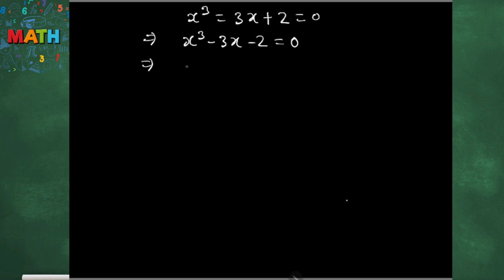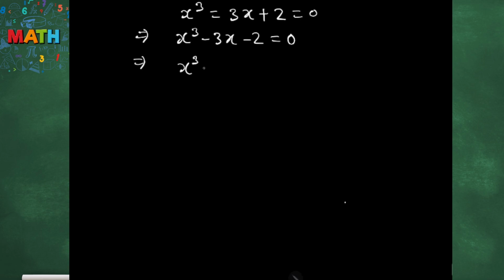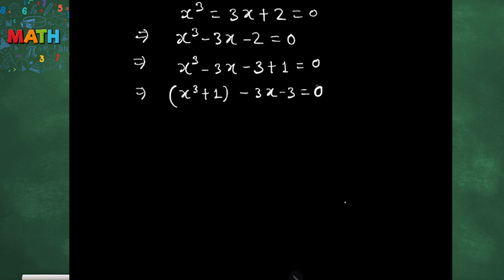So what will happen is x cube minus 3x minus 3 plus 1, we can write like this. Rearranging, x cube plus 1 on this side, and here I am taking 3x minus 3 is equal to 0.